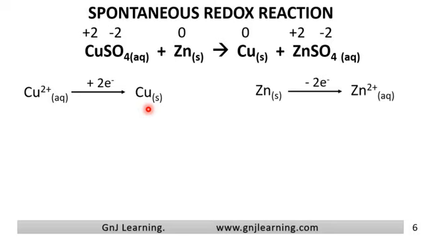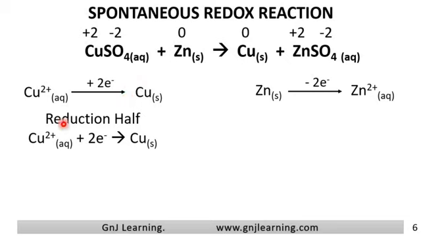Whereas in the case of zinc, it has lost 2 electrons to form Zn2+. So since it is the gain and the oxidation number has reduced, the process is reduction. So this can be treated as a reduction half of the redox reaction. This is a reduction half, where Cu2+ plus 2 electrons gives Cu.